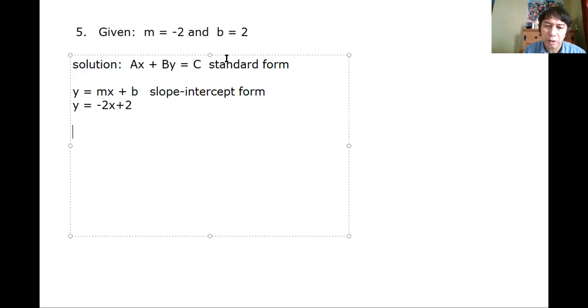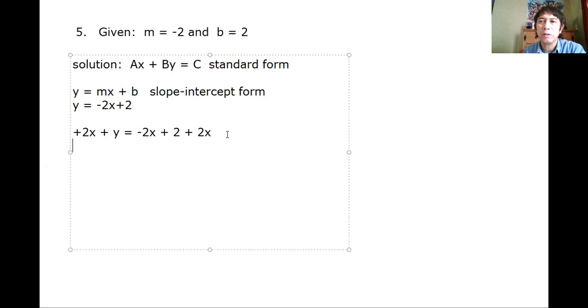So we start with plus 2x plus y is equal to negative 2x plus 2 plus 2x. There, we added 2x to both sides. And you see, this will cancel out with this one, making the right side only number 2. Now, what happens to the other side?